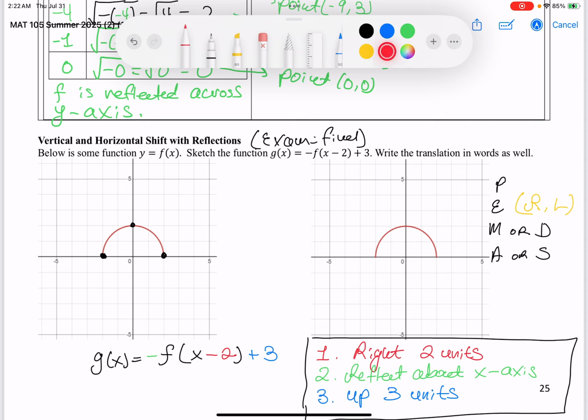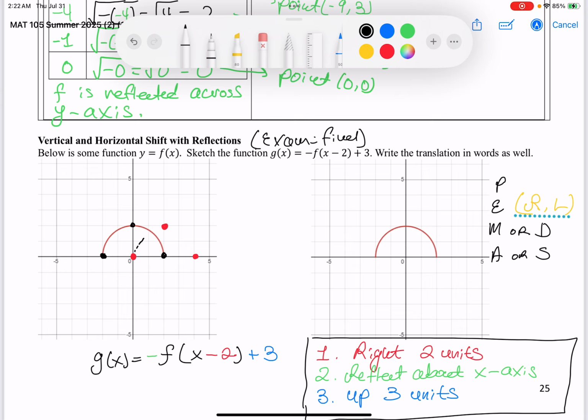So we're going to take every point that I just labeled and move it to the right 2 units. So the point on the bottom left, move right 2 units. The point on the bottom right, move that to the right 2 units. And the point at 0, 2, move that to the right 2 units to become the point 2, 2.